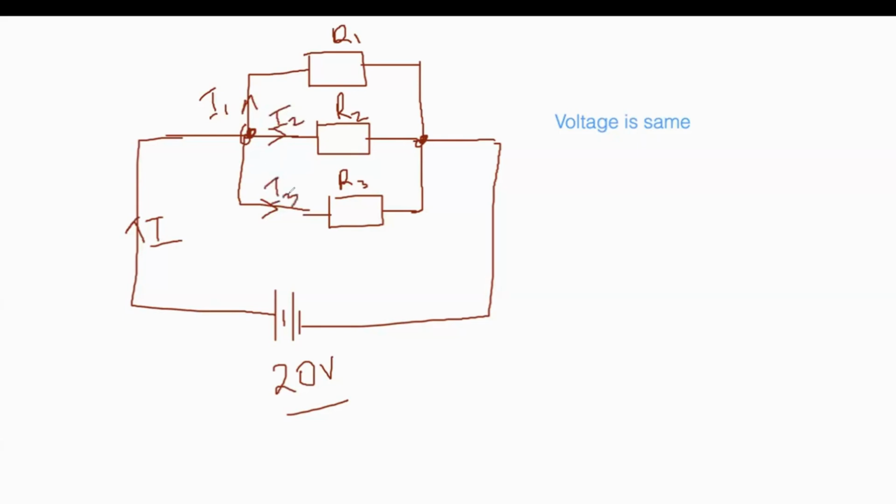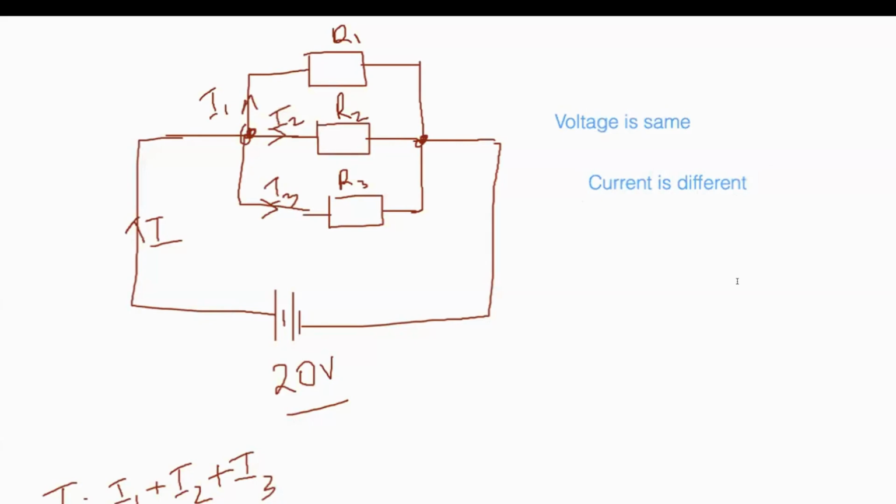The total current in the circuit is equal to I1 plus I2 plus I3, right? So current is different for them. Voltage is same, but current is different. Is that clear to you?